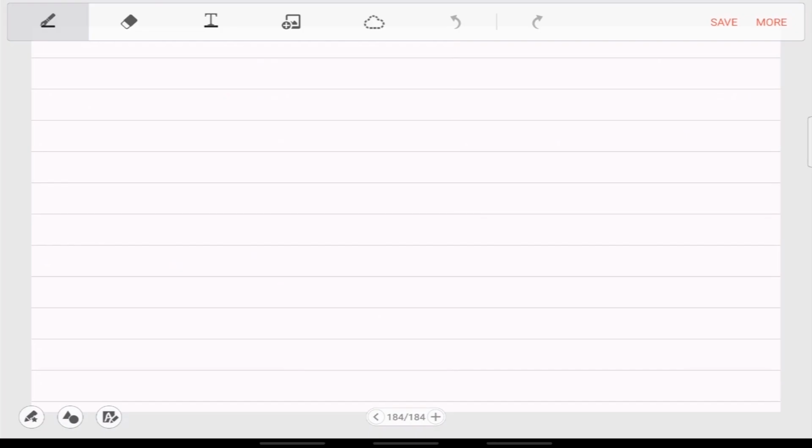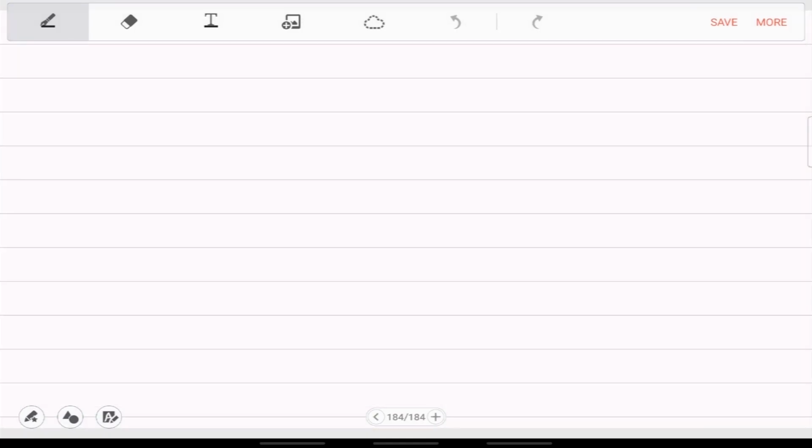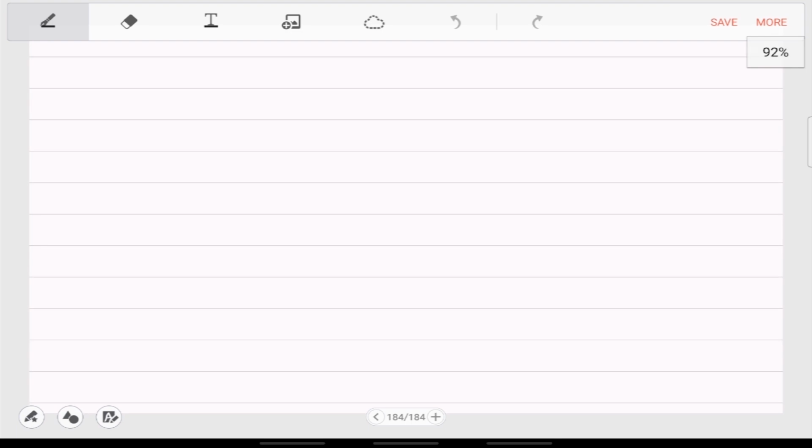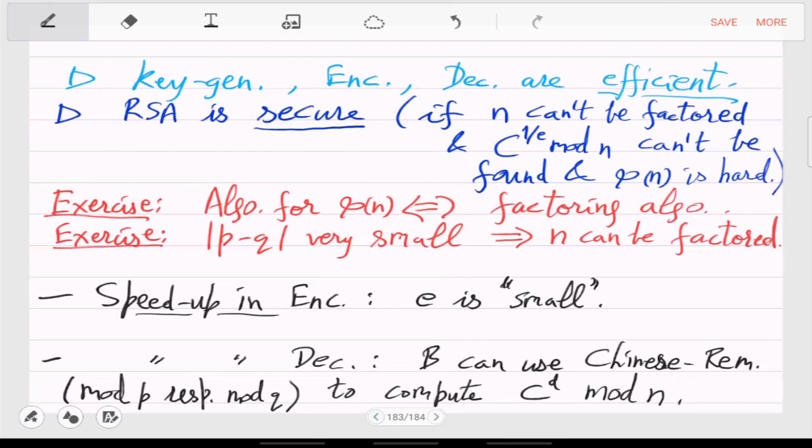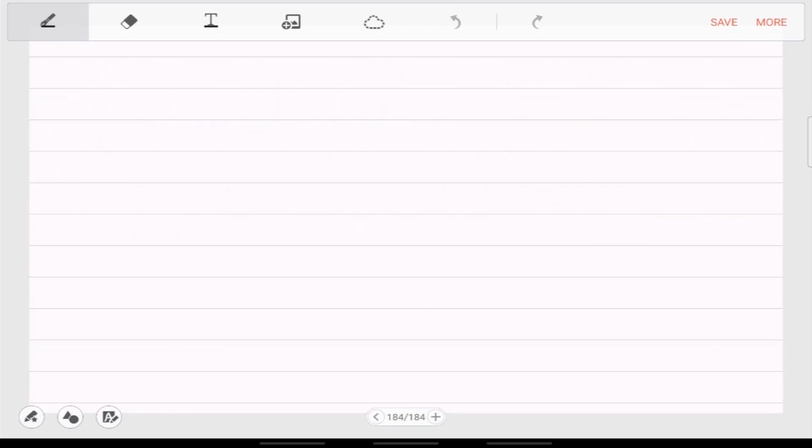Yeah, so these applications and other applications motivate us to move to more advanced areas. So the next area will be algebra, and in that we'll study finite fields first.